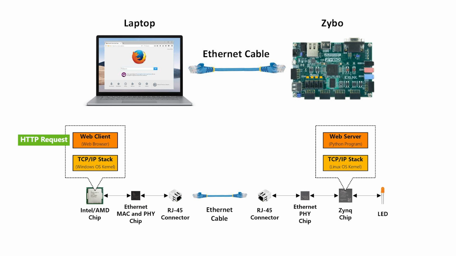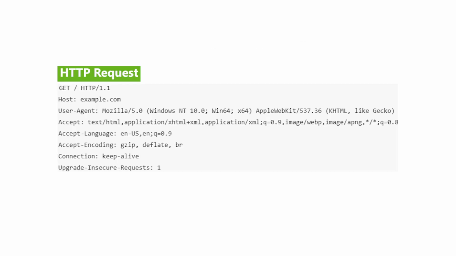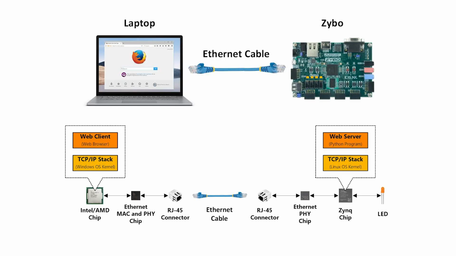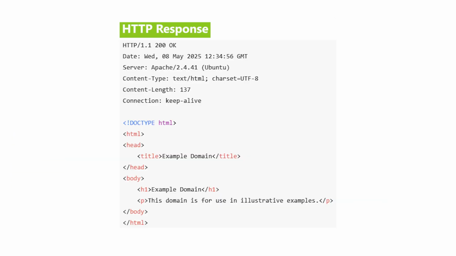First, it sends an HTTP request message to the web server when you type a URL in the address bar. This is an example of an HTTP request message from a web browser that will be sent over TCP. Then, the web server will send a response message. This is an example of an HTTP response message from a web server that will also be sent over TCP.